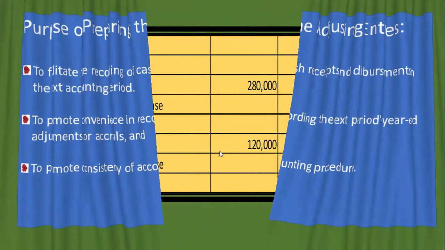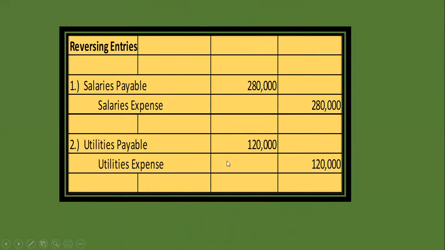Okay, so with the problem that we have, we only have two reversing entries. We only have the accrual for salaries and the accrual for utilities because for the unearned or pre-collections, the method used was the liability method. So there's no need to prepare the reversing entry. So just two.